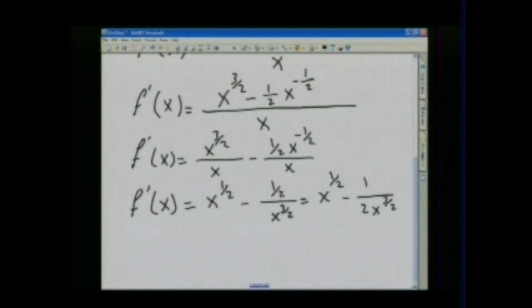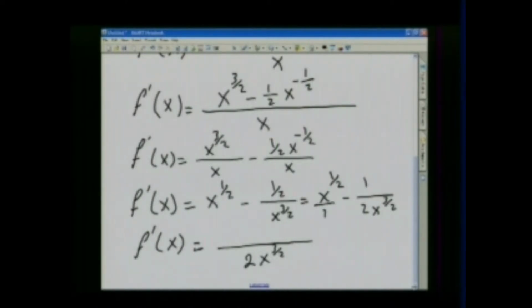That might be good enough. If I want, I can take the common denominator and bring it back one more step. Let me do it one more step. You never know when to stop. So denominator would be 2x to the 3/2.